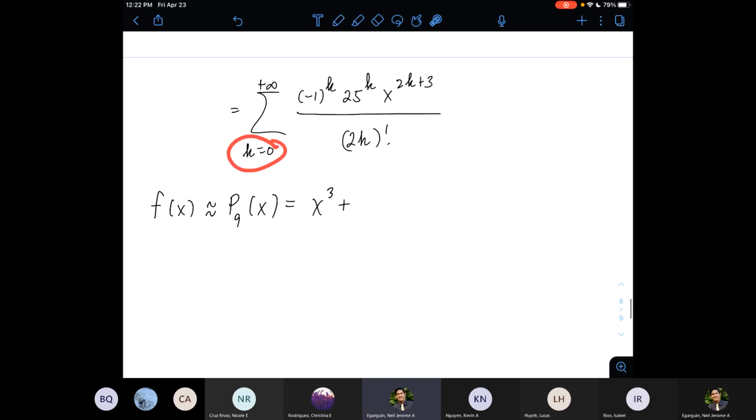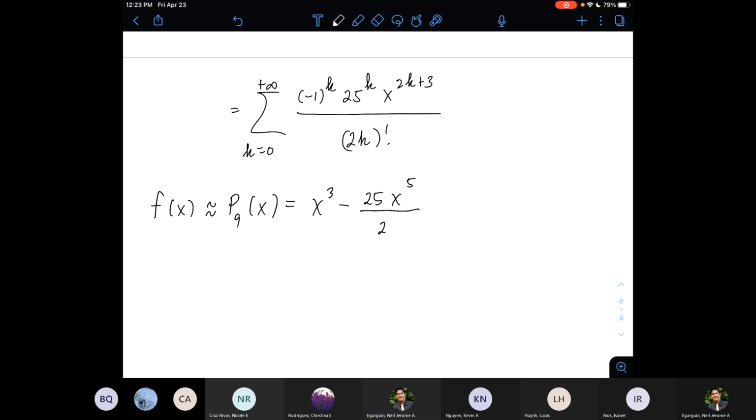Next term is k equals 1. So k equals 1. This would be -1 to the first power, so we have a negative sign there. Then we get 25 to the 1. And then what do we get when k equals 1? We get x to the 5th all over, k equals 1, so this would be 2 factorial, but 2 factorial is just 2.